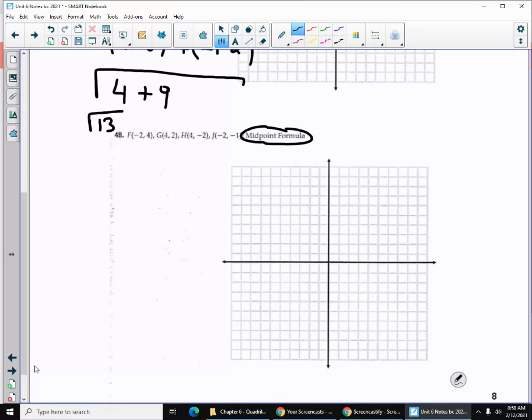So your goal will be to show that diagonals bisect each other. And we did something similar in section 6.2.